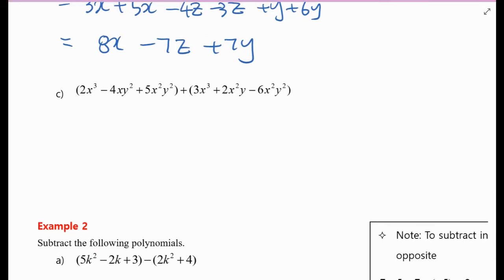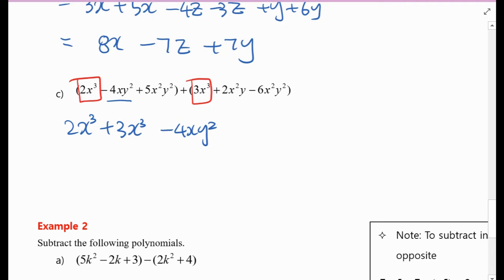All right, have you guys tried the last question? Here, look at this. We're going to collect the like terms. So 2x cubed plus 3x cubed. Negative 4xy squared has no like term. And plus 5x squared y squared has a like term here.